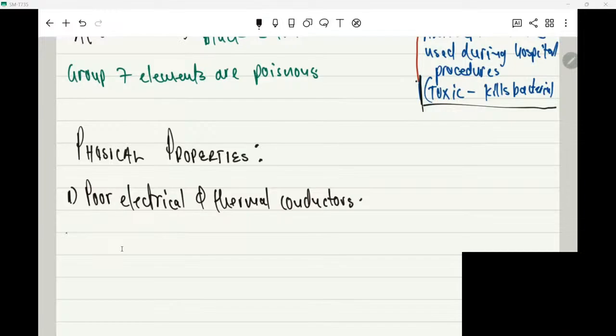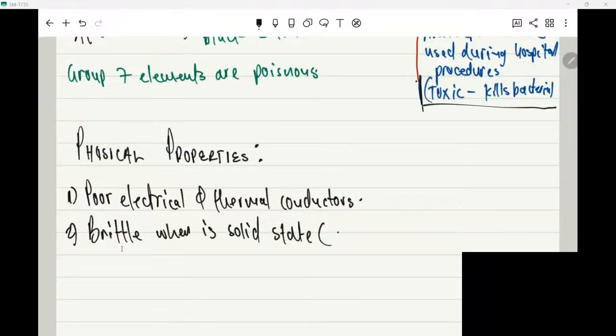And what else? Number two is that they are brittle when in solid state. And also dull when they are in solid state. So they are brittle when in solid state and they are also dull. Now, can we talk about their trends? They have poor conductivity. They are very toxic.